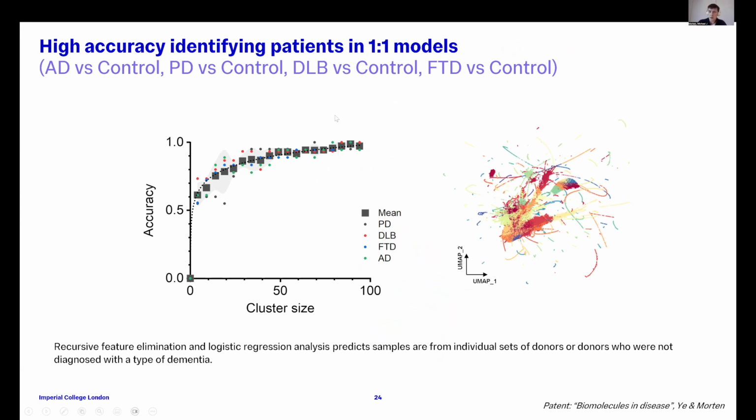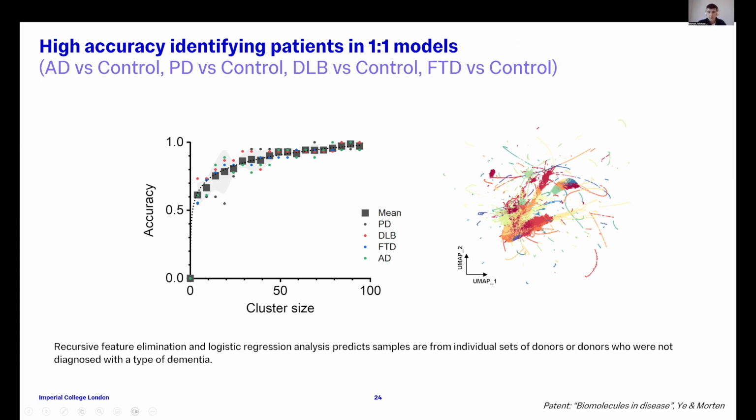By the time we reached about 90 different clusters to cluster all these millions of aggregates together, we're achieving an accuracy of over 95% across all 4 models, where we're trying to predict whether or not they have Parkinson's disease versus age-matched controls. This is done using logistic regression analysis combined with recursive feature elimination.